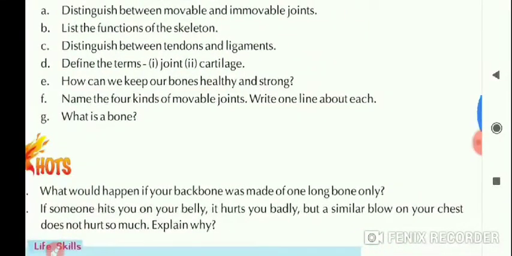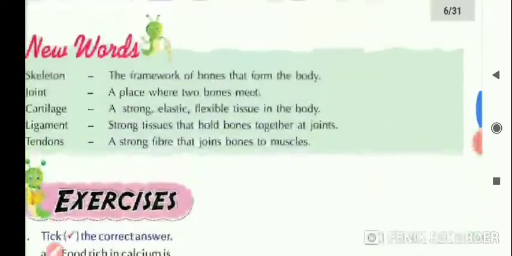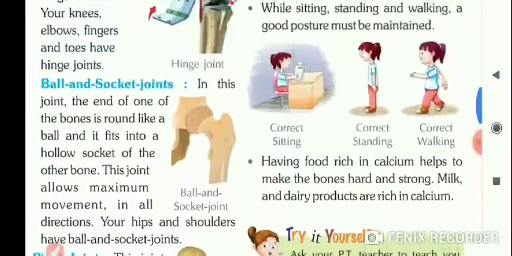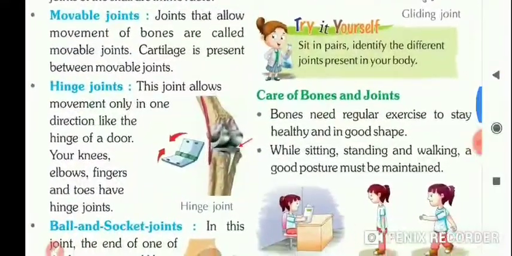Name the 4 kinds of movable joints. Write one line about each. For question number F, move to page number 17. See, within the heading movable joints, first write down answer and then put a dash and write down the 4 kinds of movable joints are.